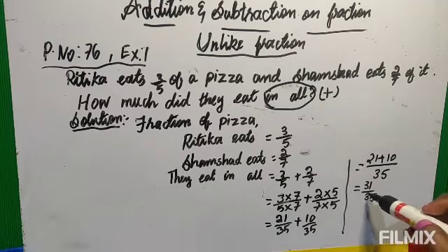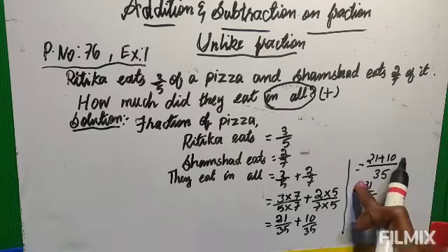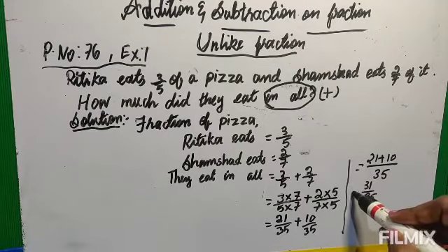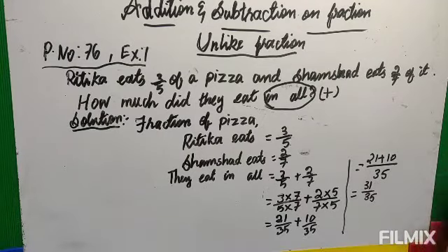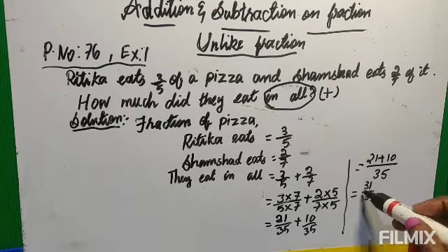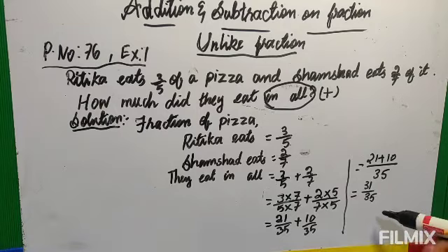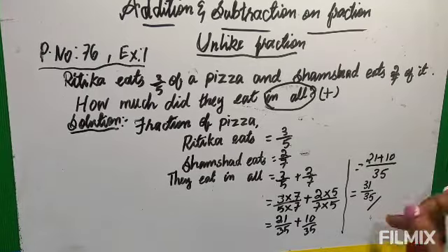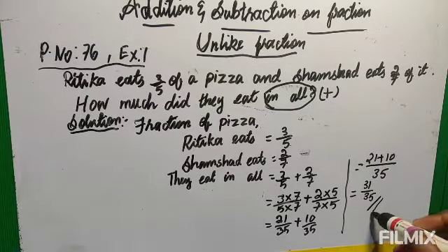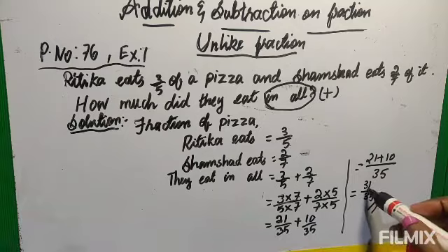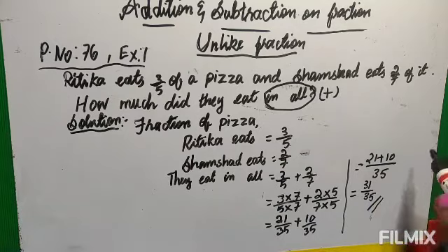You see here 31 is a prime number, so you cannot divide or reduce it. 31 also cannot be divided by 35. This is a proper fraction, so with this you can finish. Only if it is an improper fraction will you convert it into a mixed number. Since this is a proper fraction, the numerator is smaller, so you can leave it as it is.